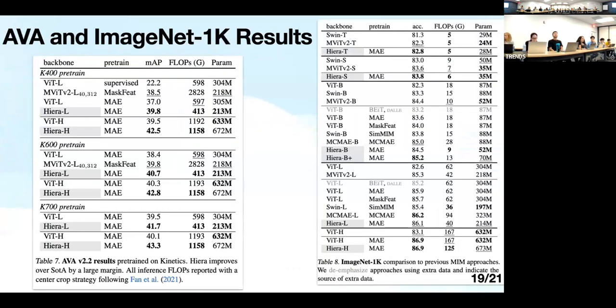And this is some of the results from their transfer learning, where they would train the model on one data set and then test it on a completely different data set to see how it performed. So they did this with this AVA data set, and they tested it on a variety of models.